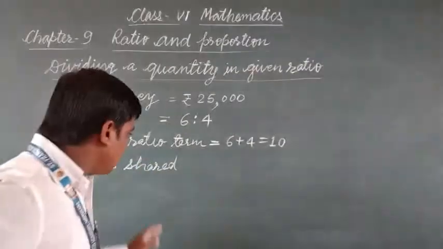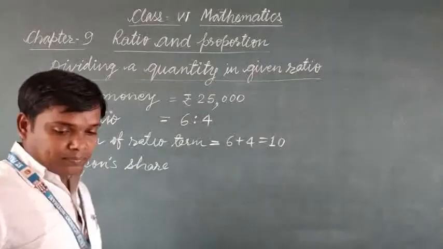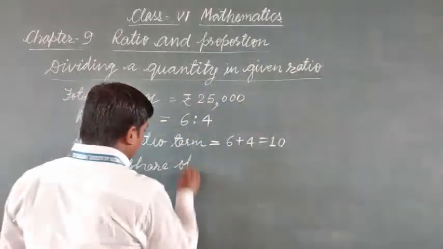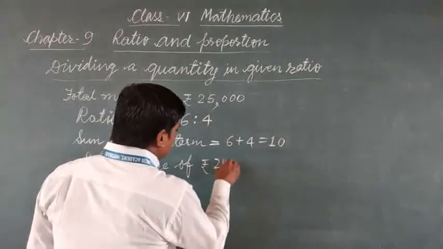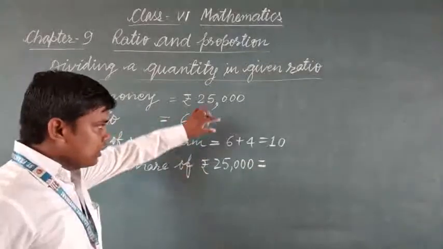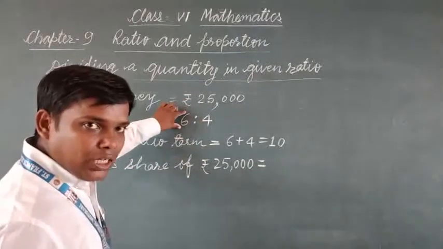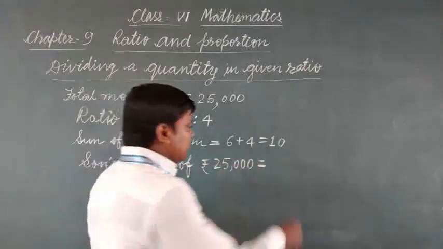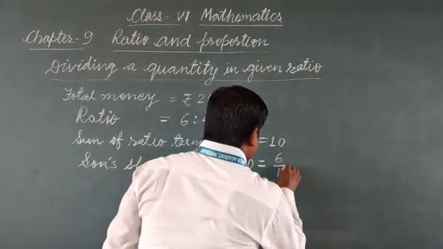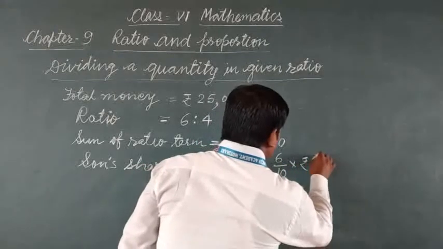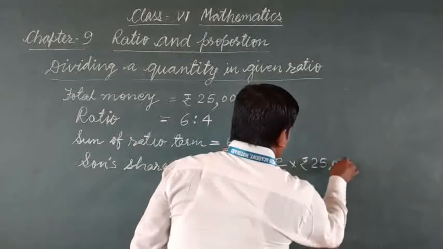Therefore, the son's share of rupees 25,000 is equal to the ratio term of son by the sum of the ratio terms, that is 6 by 10, multiplied by the given money.